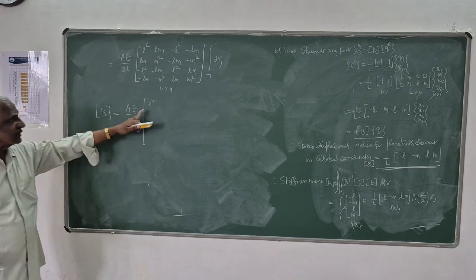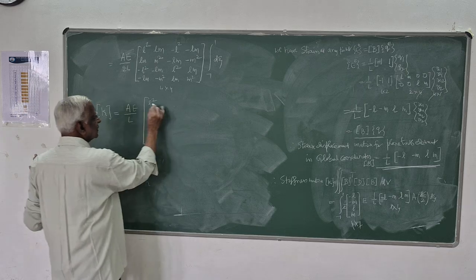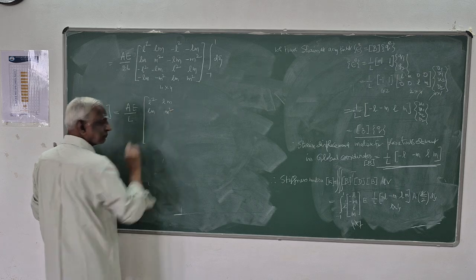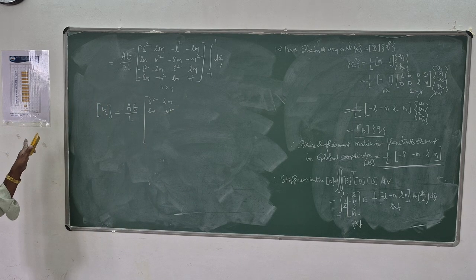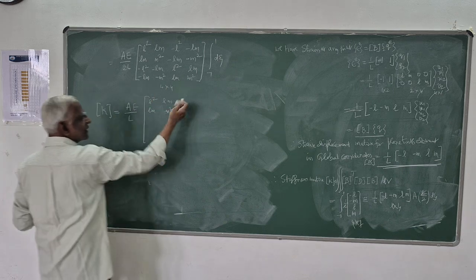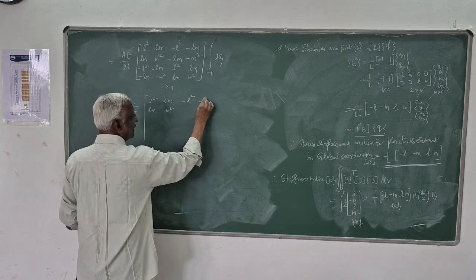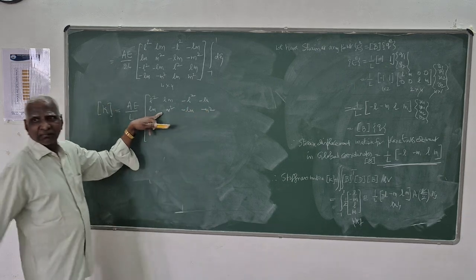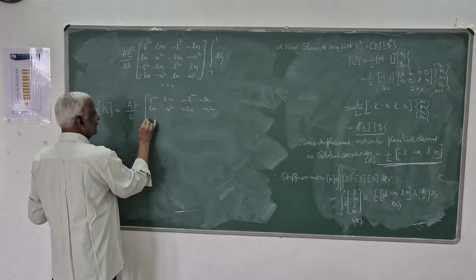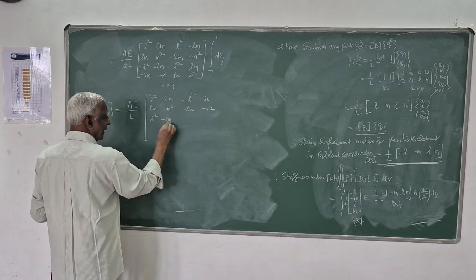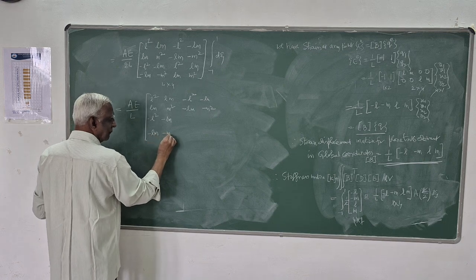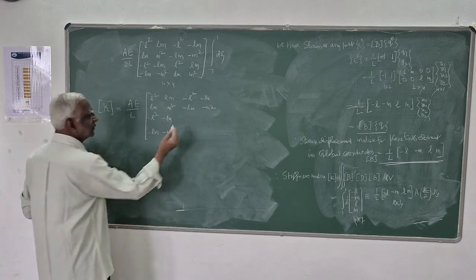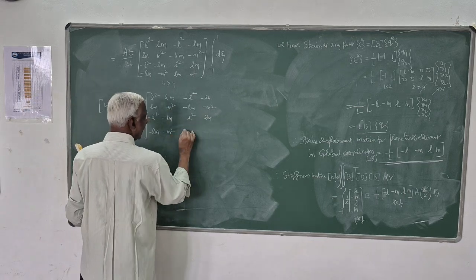You remember, this is the simplest way of remembering. First you write L square, Lm, M square. First 4 elements you remember, that you write. Then you reverse the sign: minus L square, minus Lm, minus Lm, minus M square. Same thing you bring it here. Whatever you write, L square, Lm, Lm.